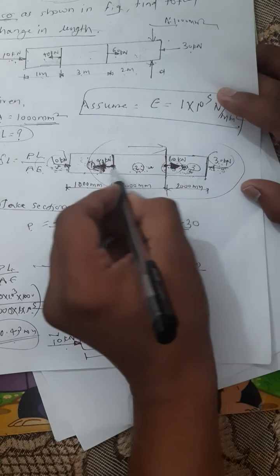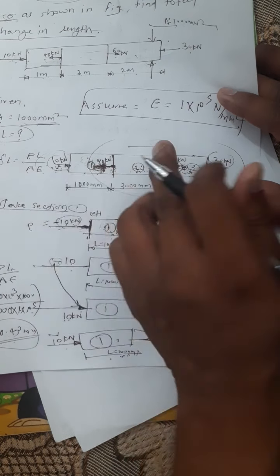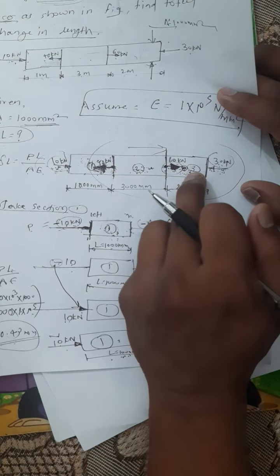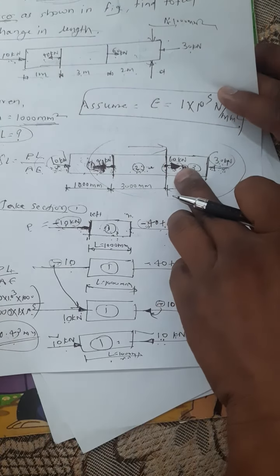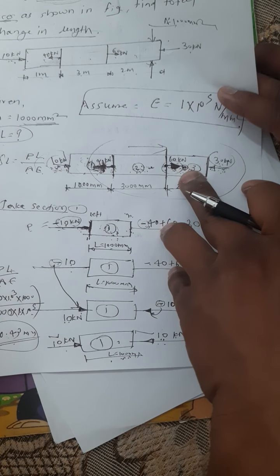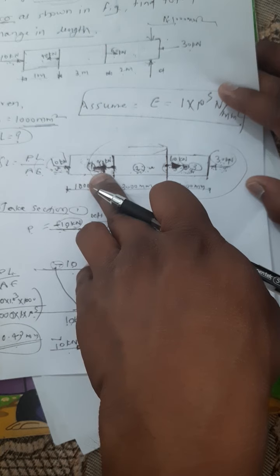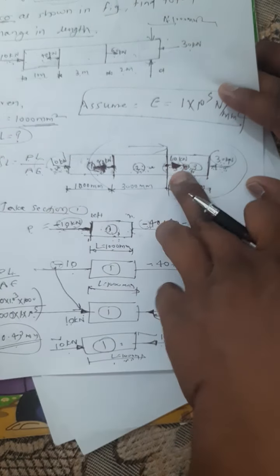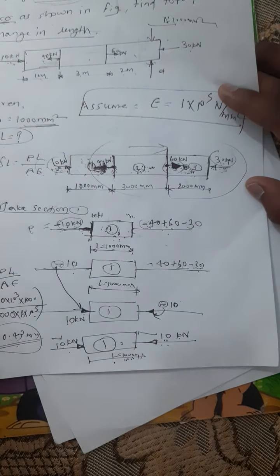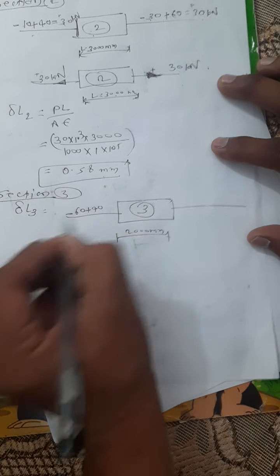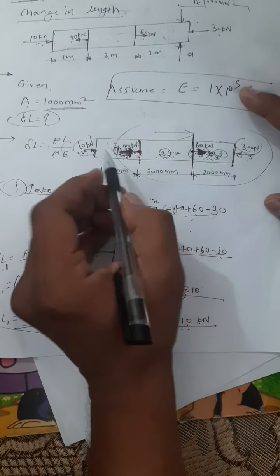Then another force is here, 40, away. The direction of the arrow of this 40 kilonewton is moving away from section number 3. It means elongation, which means positive. So plus 40.